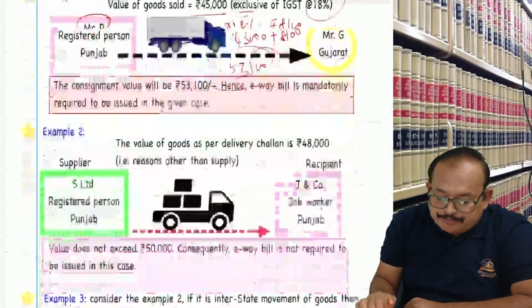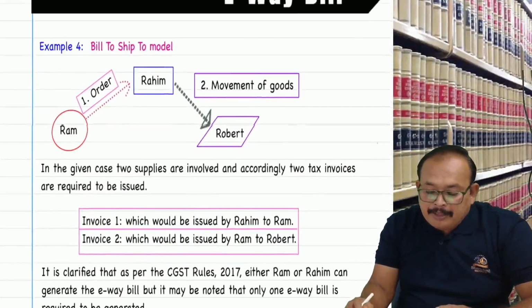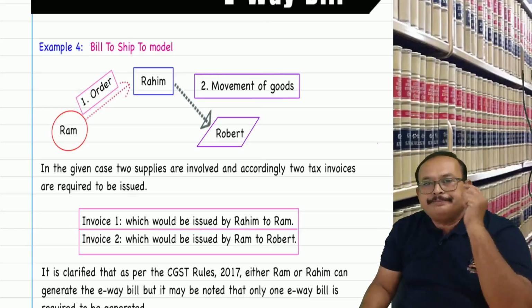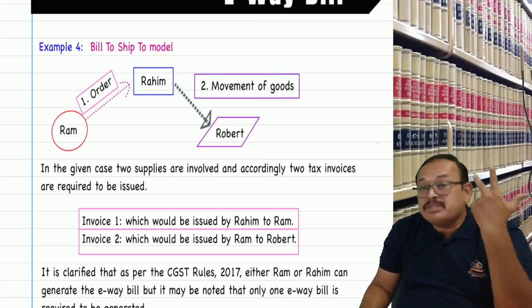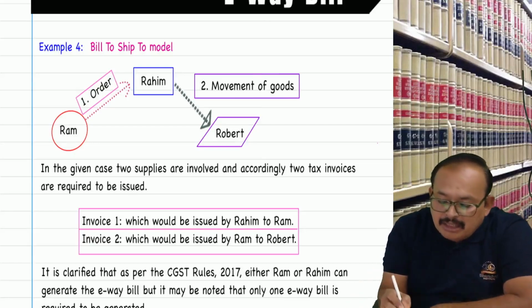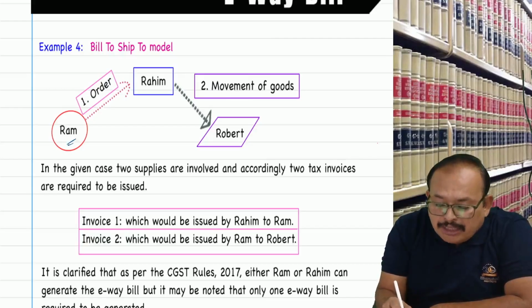Now, further referring here, the bill to ship to model, where there are 2 sellers and two invoices. Here Ram is involved in placing the order with Rahim.